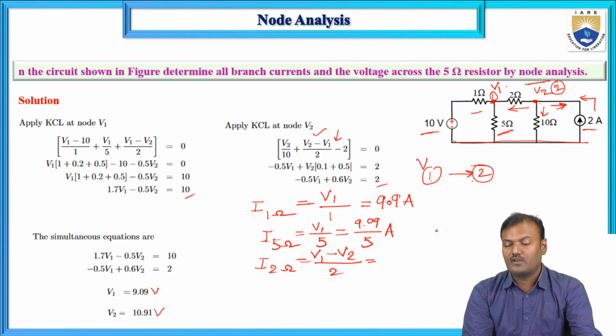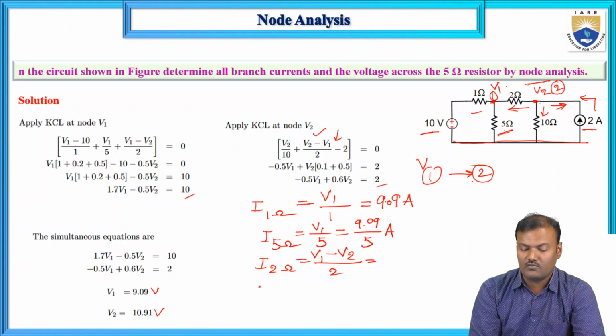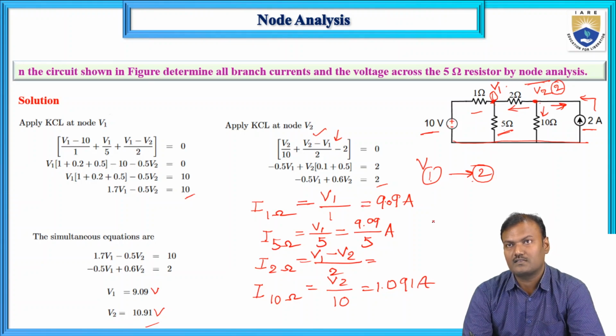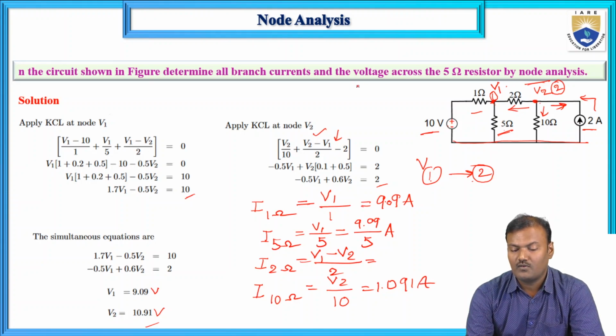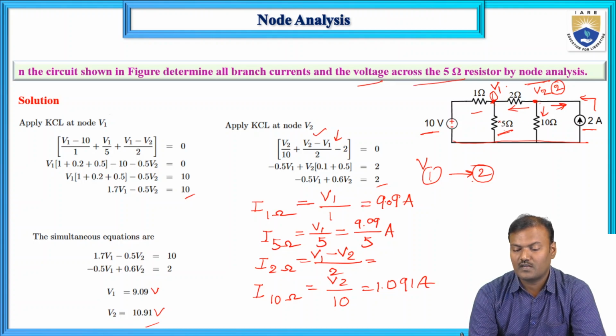And similarly, we can calculate the current flowing through 10 ohms, that is V2 divided by 10, which is 1.091 amperes. So by obtaining these branch currents, we can calculate the voltage across 5 ohms, that is current multiplied by the resistance of that element.